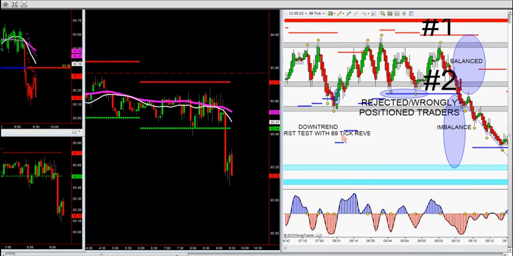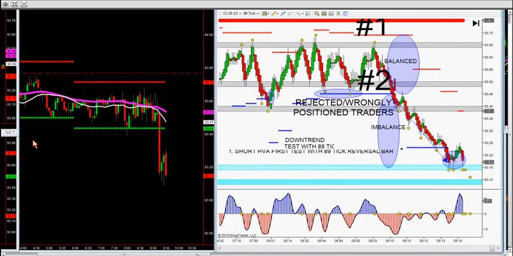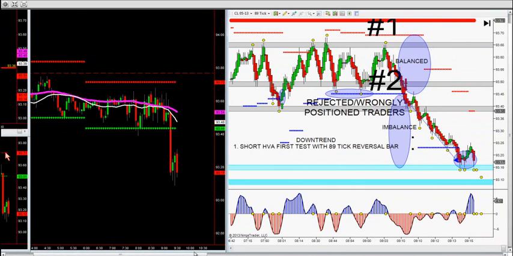HVA was right at 71 over here on my bottom left volume chart, 72 on my main chart. We have my hedge fund at 75. We had the previous high day at 75. So we knew if the market would have rallied up to my number one, between 72 and 75, we look for a red reversal bar, and we look to get short.